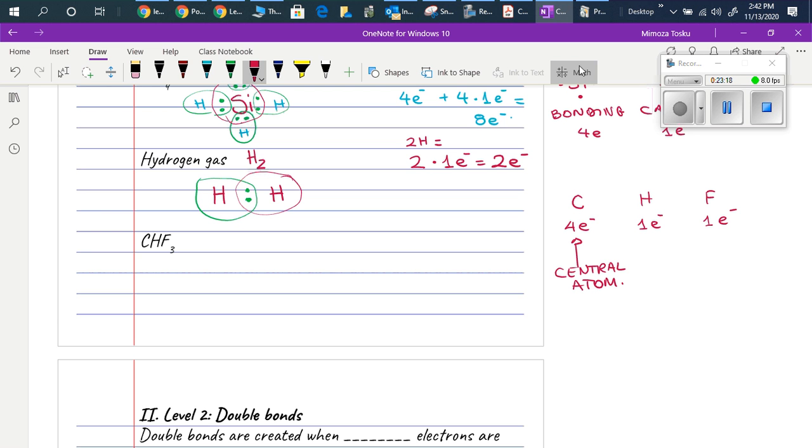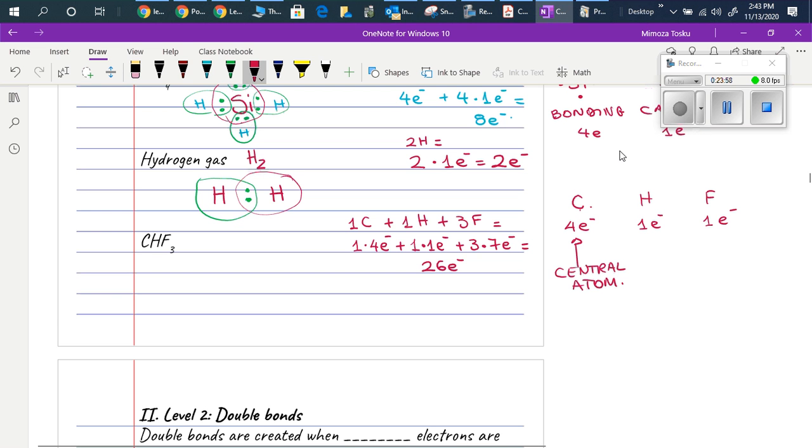Let's count the total electrons. We have 1 carbon, 1 hydrogen, and 3 fluorine. Carbon has 4 electrons in the outer shell, hydrogen has 1, and fluorine has 7. So 4 plus 1 is 5, plus 21 is 26 electrons.